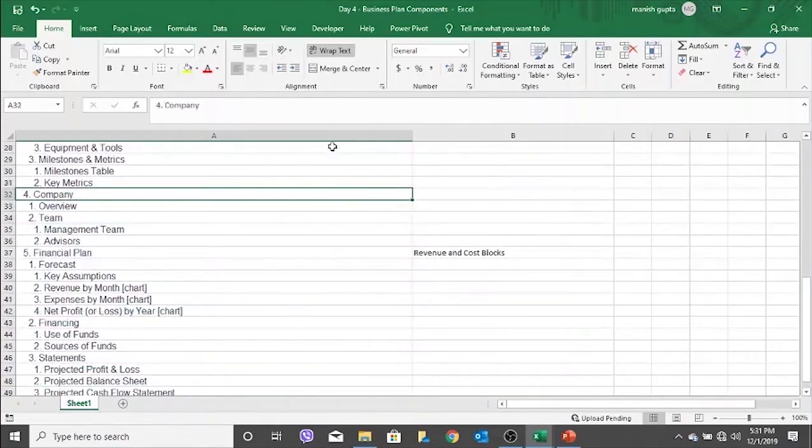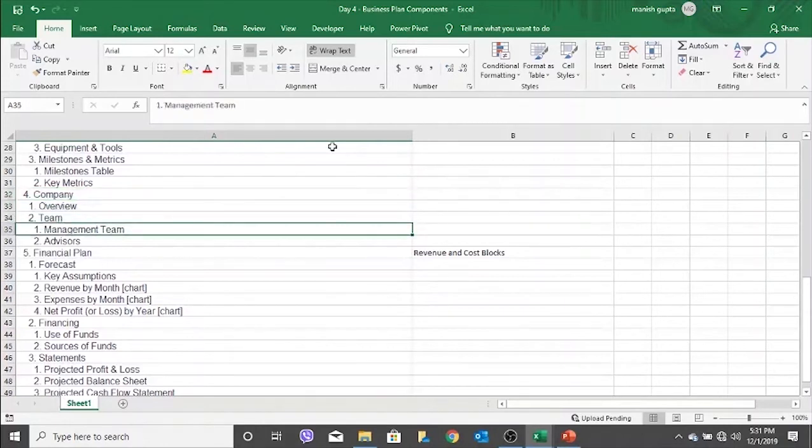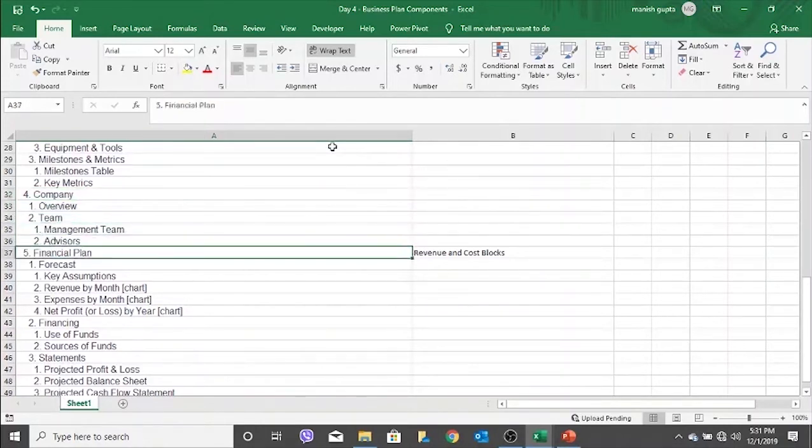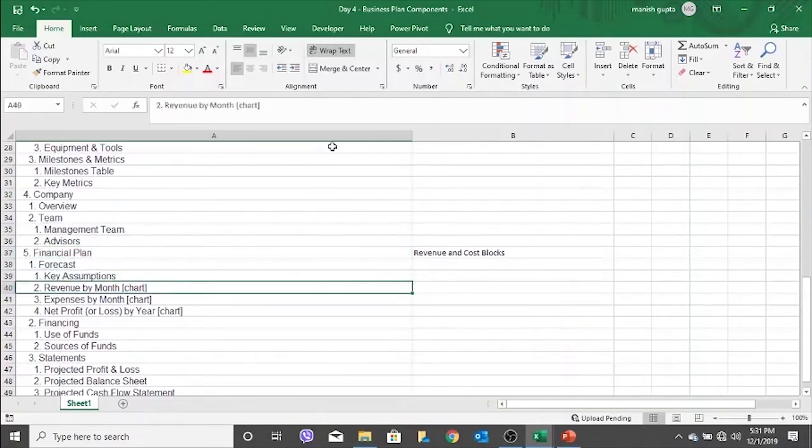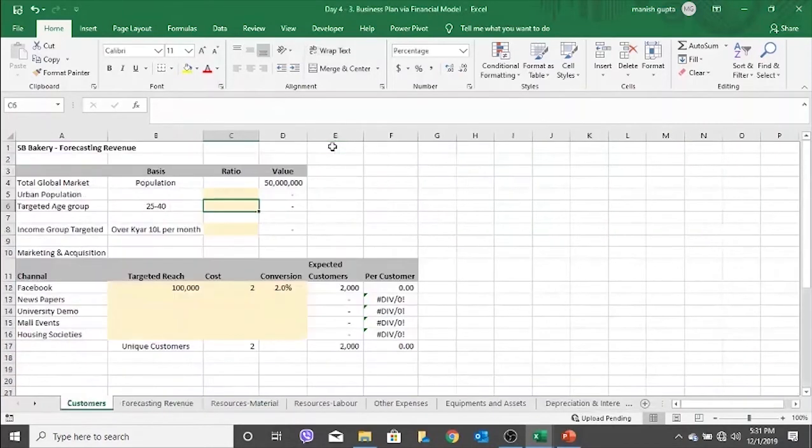As in, what is your company, how you are going to do the legal structure, who will be your team members, management team, advisors, correct? And then you have the financial plan, your forecast, same thing, just copy paste, make assumptions. So here we have an assumptions column. In each segment, these shaded ones are all our assumptions, right?